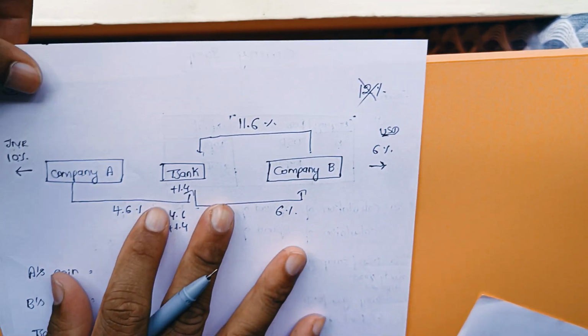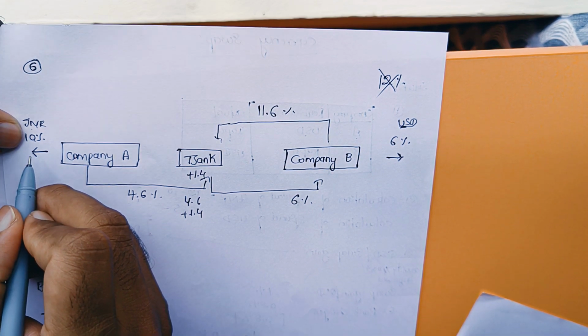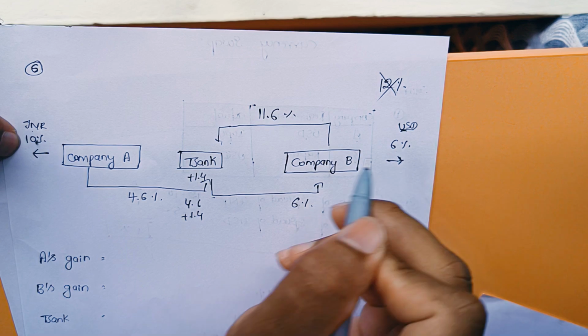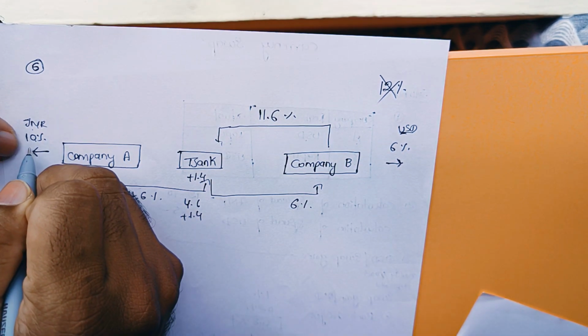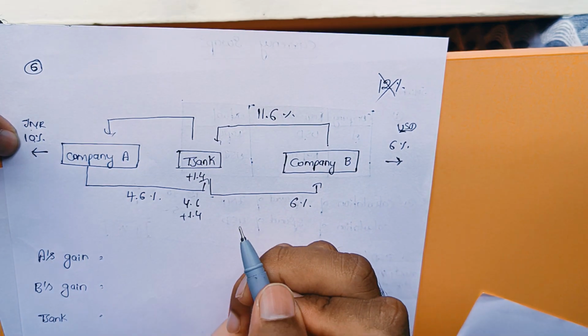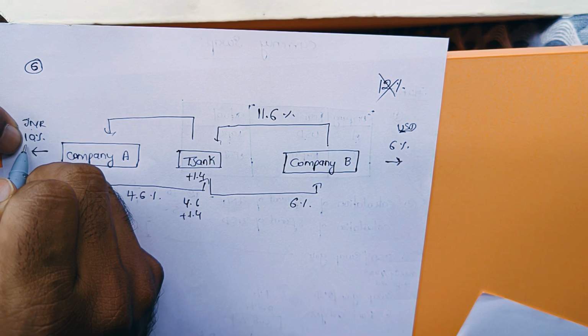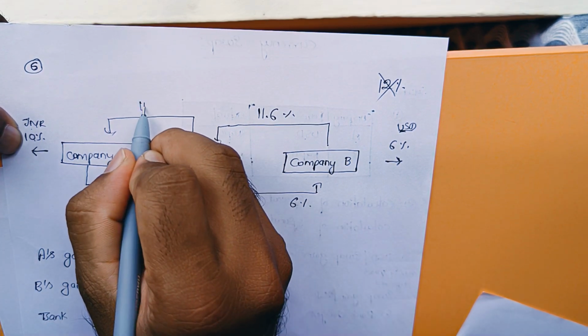Done, this is clear. Then company A is paying 10%. Company B is paying 11.6, but company A wants only 10%. How much will the bank pay to company A? Only 10.